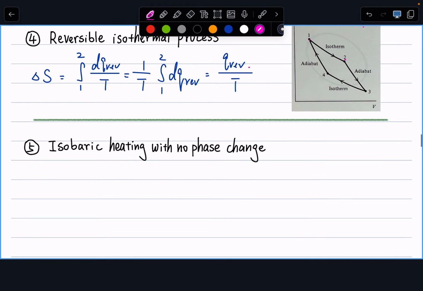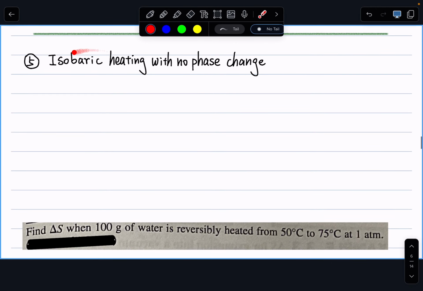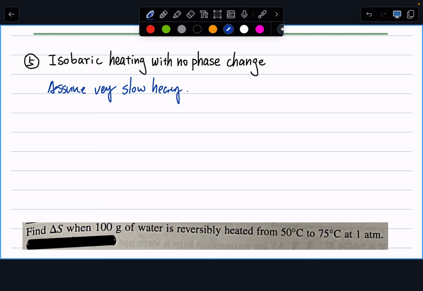Okay. Next one, isobaric heating with no phase change. So in this case, we have to assume a hypothetical path, or assume very slow heating, or reversible heating.